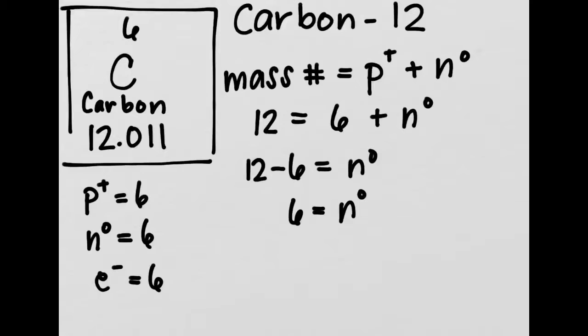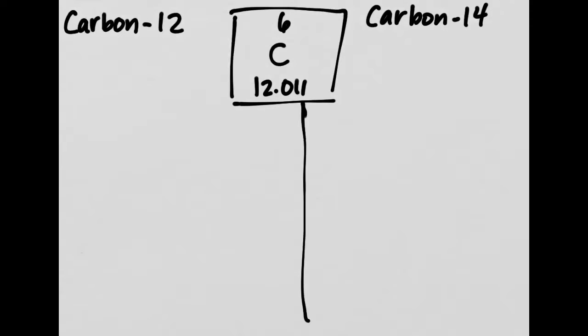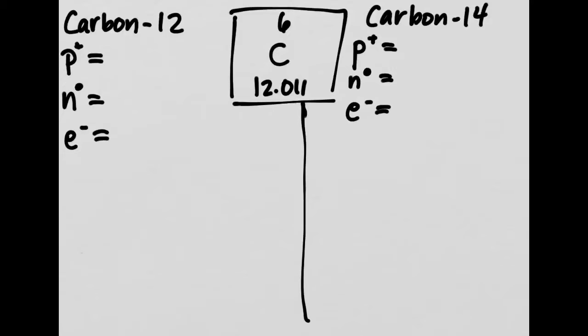Now let's talk about carbon-14. All organisms have carbon in their bodies, and all organisms are going to have a little bit of each of these isotopes in them. In fact, what we do is we use the ratio of carbon-14 to carbon-12 to figure out how long it's been since an organism died. We determined that an atom of carbon-12 is going to have 6 protons, 6 neutrons, and 6 electrons.